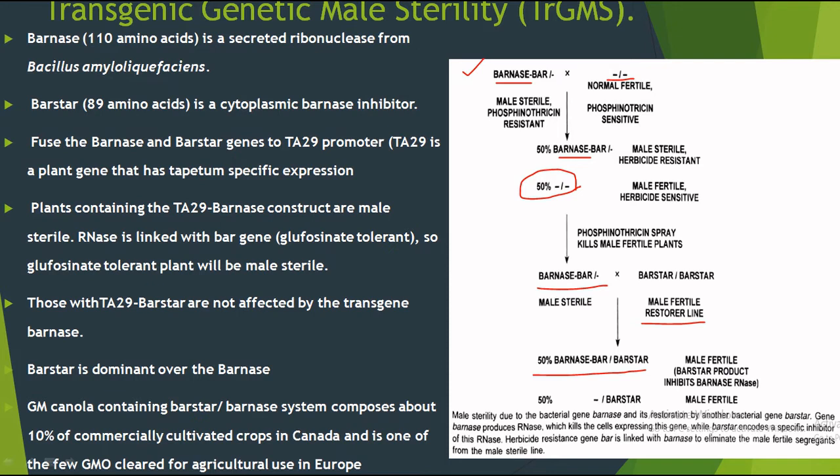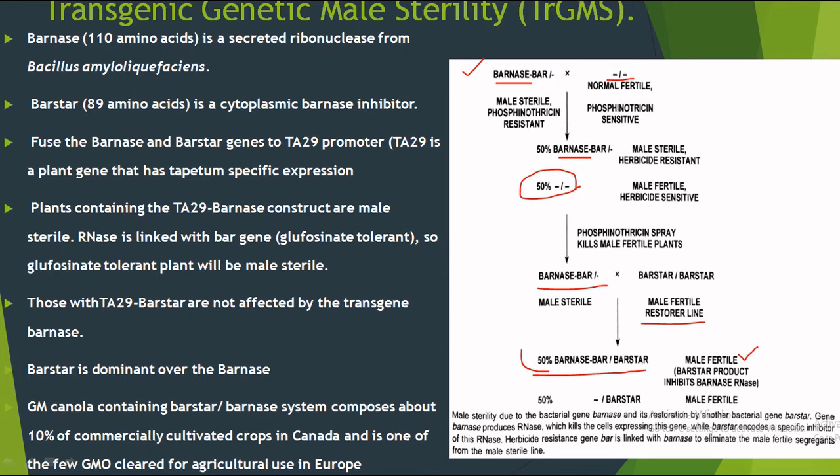This 50% Barnase-Barstar will be male fertile and resistant to the herbicide. But this other 50% will be male fertile but susceptible to the herbicide. So it is already clear that Barstar inhibits the Barnase product. Let's see the next example, it will be more clear.